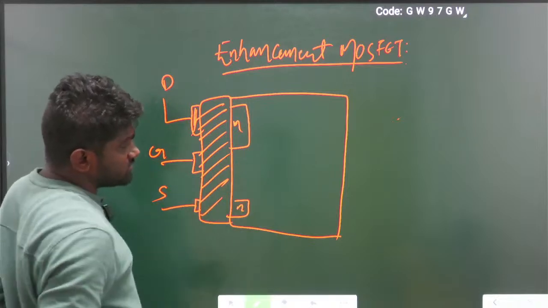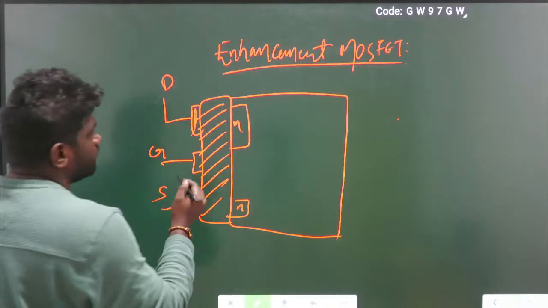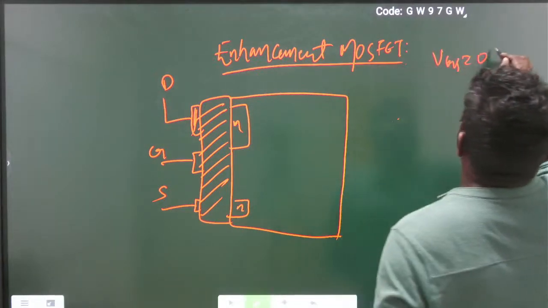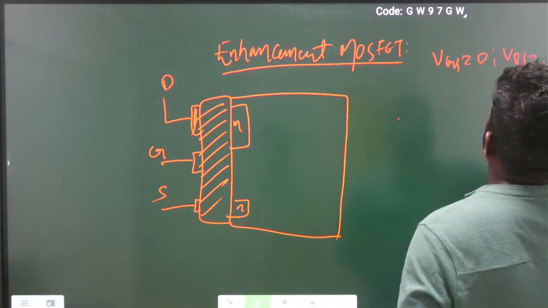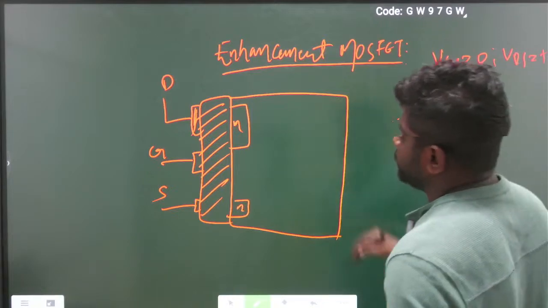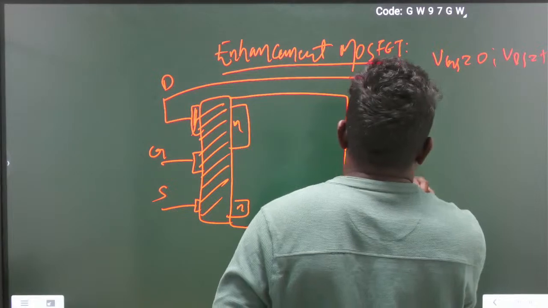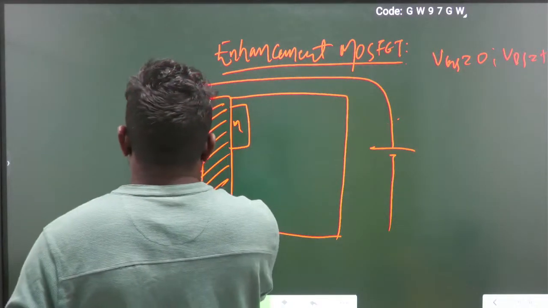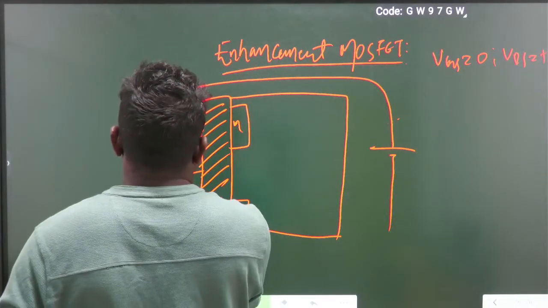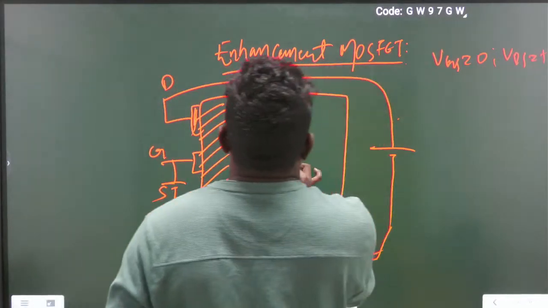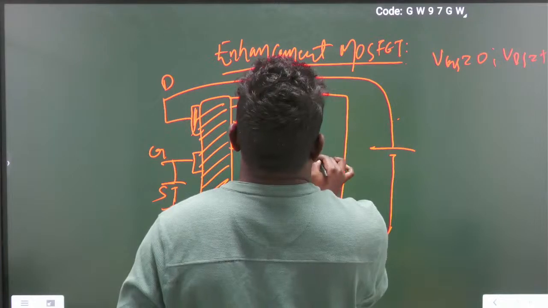So now see, VGS equal to 0 and VDS is positive. This is the positive and this is the negative. This is the P substrate.